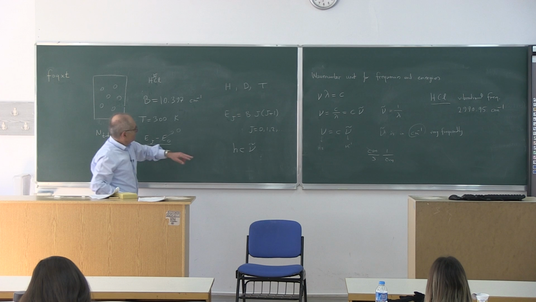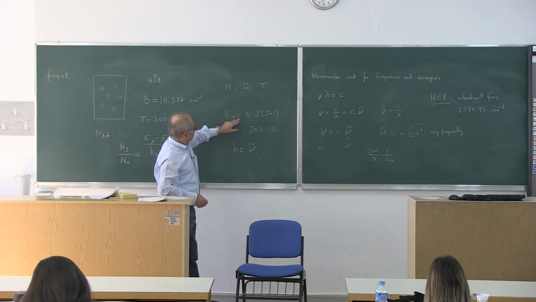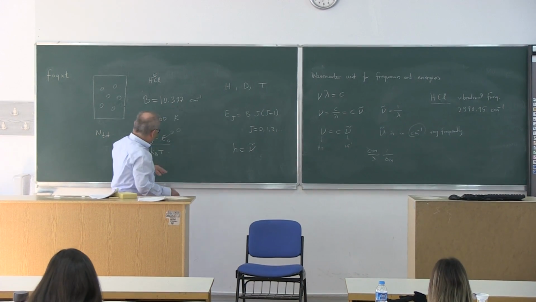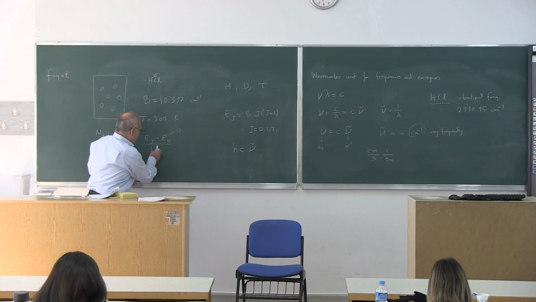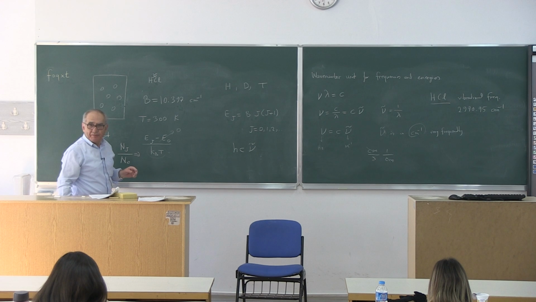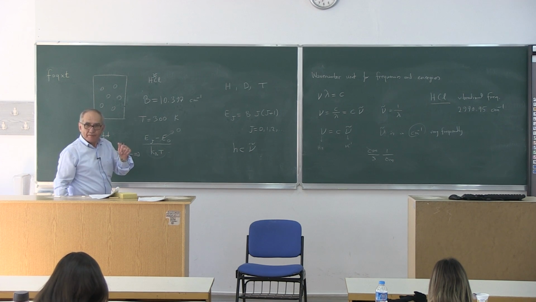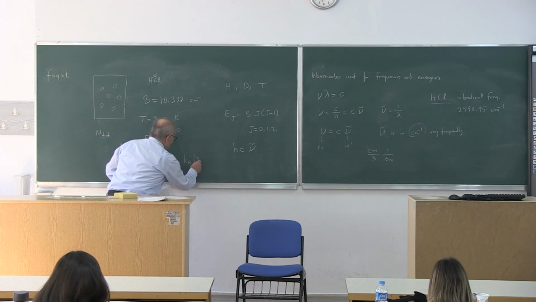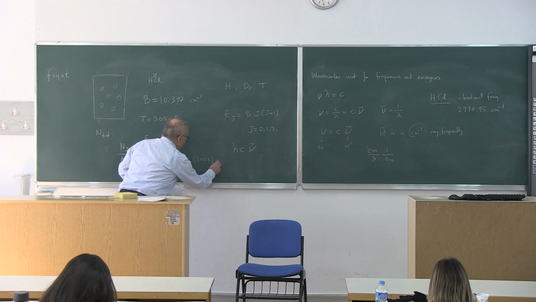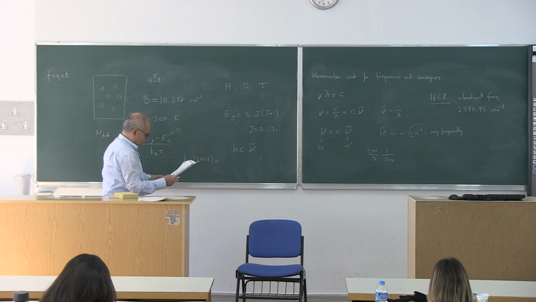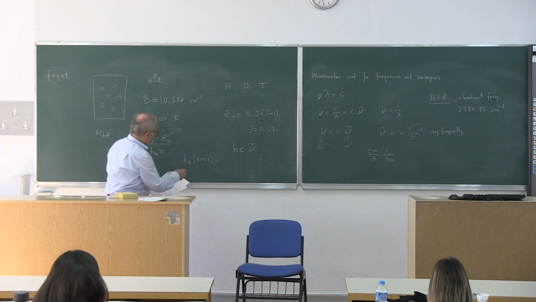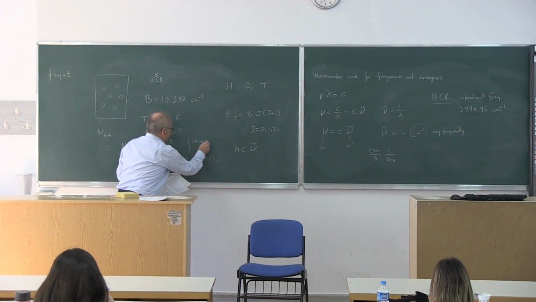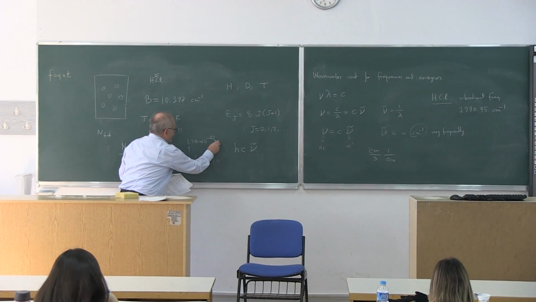In the calculation, E_J is this value, and if the unit for B is wave number, then you should convert this expression, kT, into the same unit also. So, for 300 Kelvin, for k, you use 1.381 times 10 to the minus 23 joule per Kelvin.